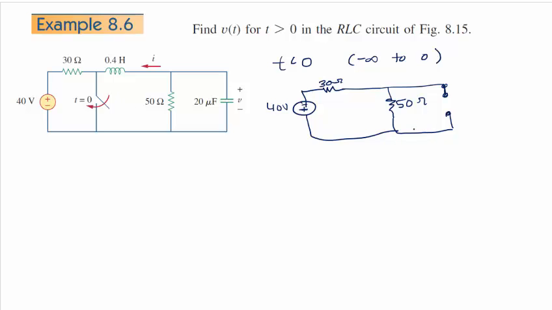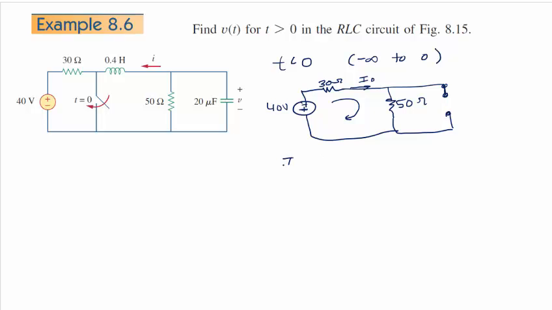So from this we can find out what our initial conditions are. I'm going to make my current go this way. I0 is the current in the inductor, which is now a short because infinite time has gone by. And V0 would be the voltage across this 50 ohm resistor, which is the same as the voltage across that capacitor.